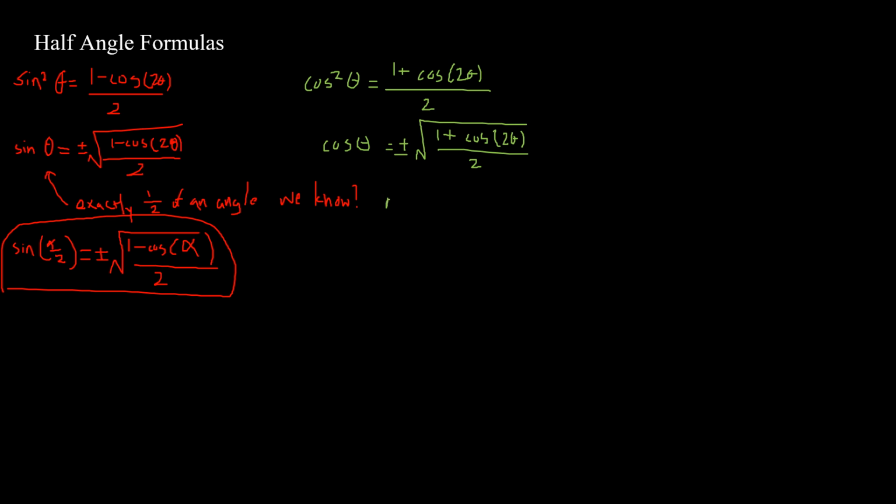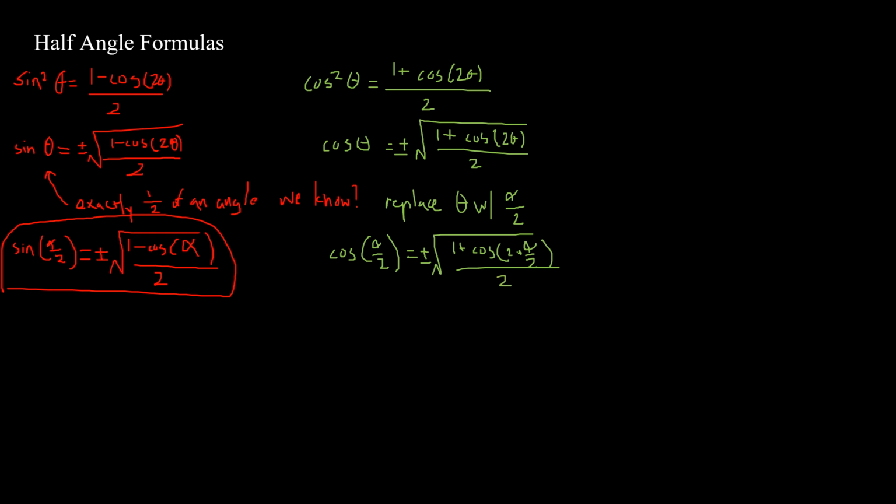So we can replace theta with alpha over 2. Again, alpha is an angle that we know. So if we wanted to find the cosine of half of alpha, well, then this would just be equal to plus minus square root 1 plus cosine 2 times alpha over 2, all over 2.